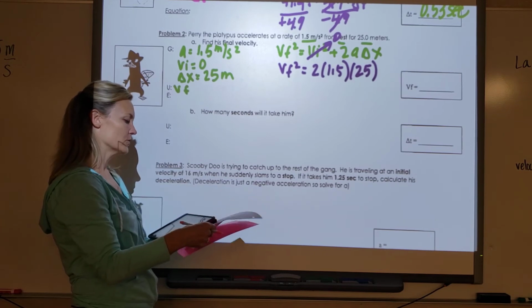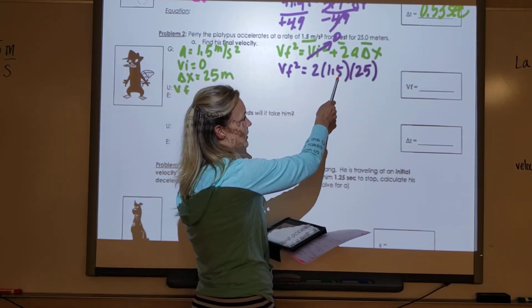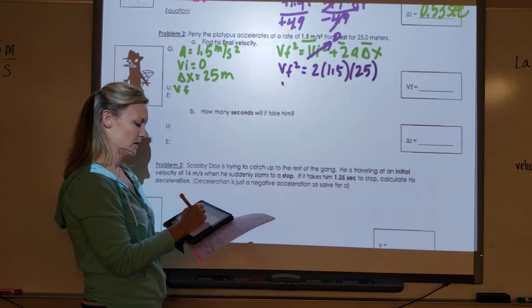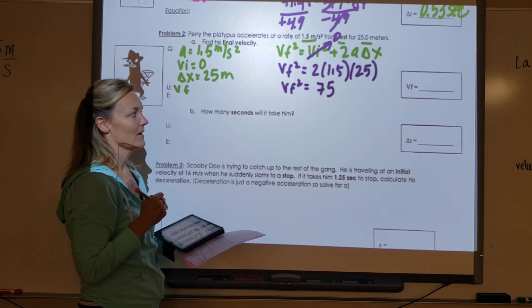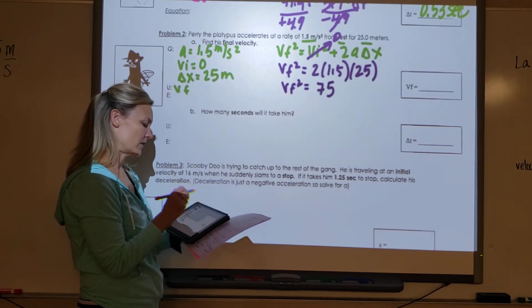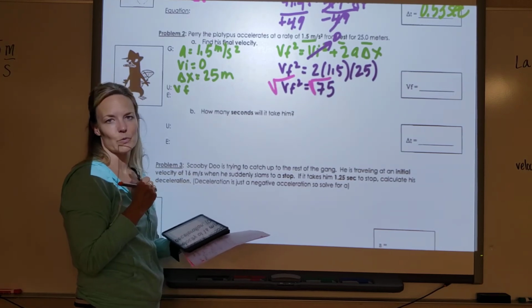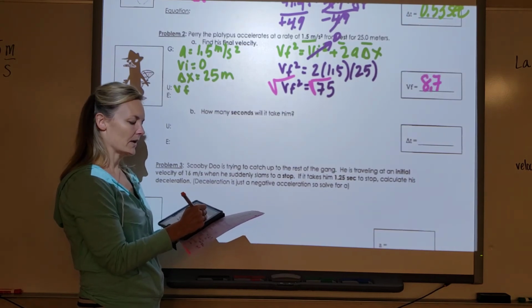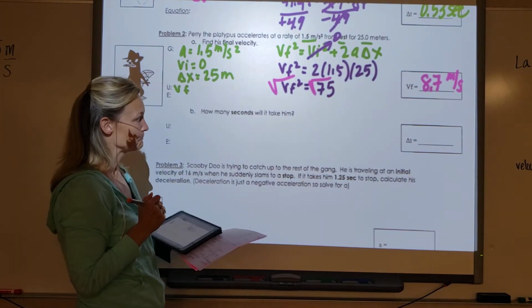If I take 2 times 1.5 times 25, I get 75. That's not my answer. That's not vf, that's vf squared. So my final step is to take the square root of it, and I end up with 8.7. And then you have to pop a unit on the back. It's a velocity, so it's meters per second.